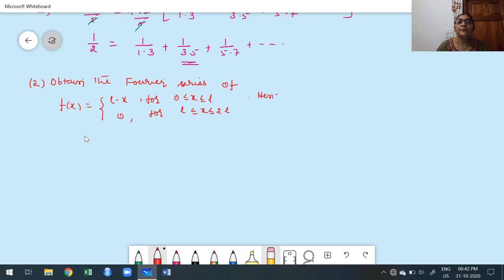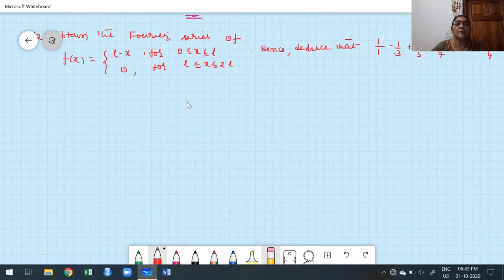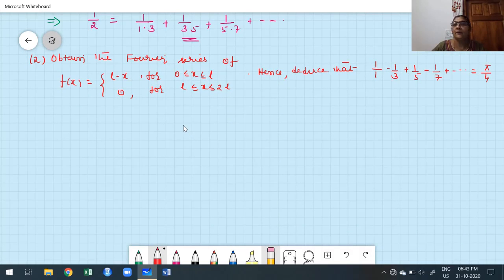Hence, deduce that 1 by 1 minus 1 by 3 plus 1 by 5 minus 1 by 7 plus etc. equals pi by 4. For the deduce part, once you give a suitable value of x in between the given range, then automatically we get it. First you have to construct the Fourier series for the given function. This is my given function, okay?